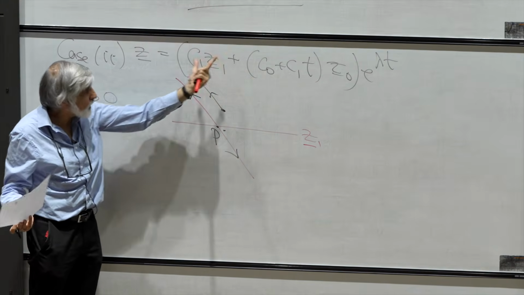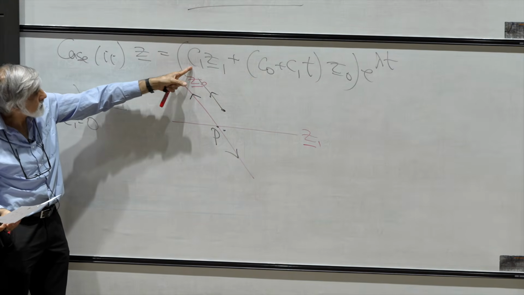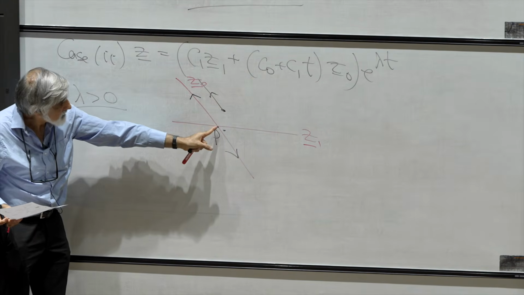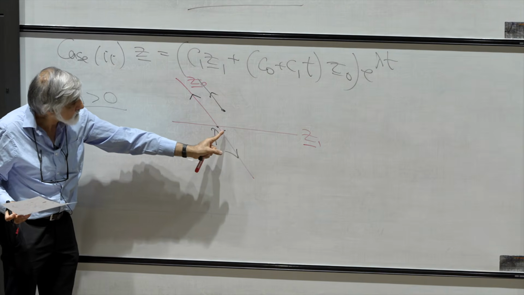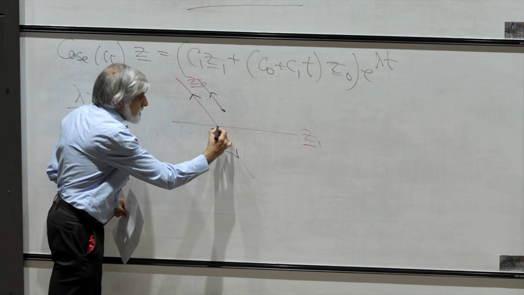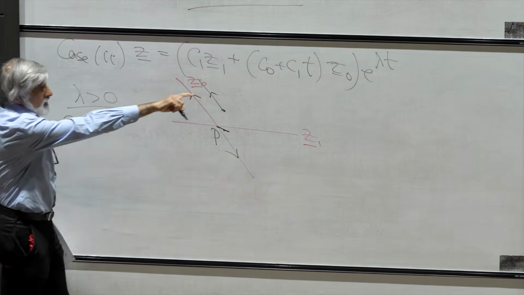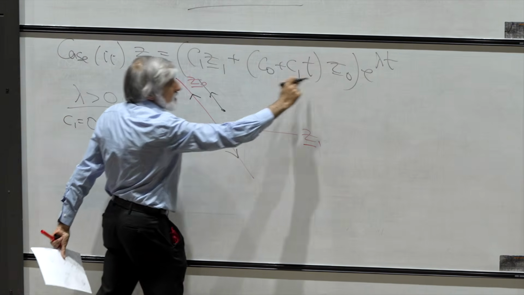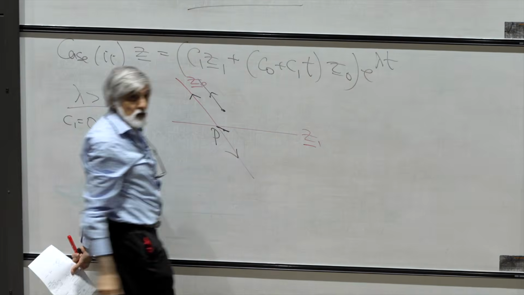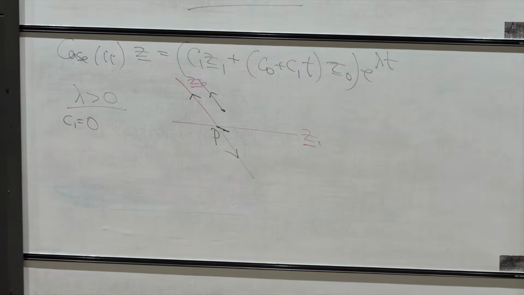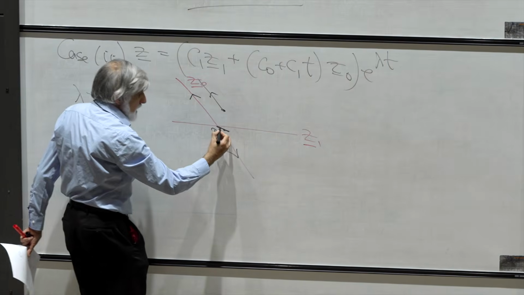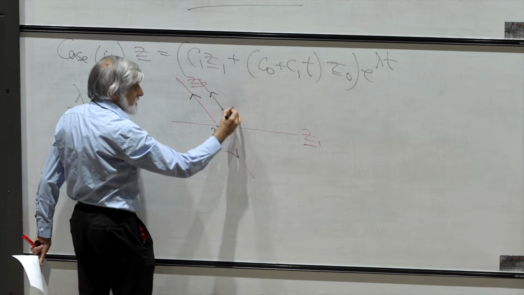If C0 was a similar value to C1, I'm going to have something that maybe starts off going like this. But eventually, this t means this one's going to win out. And so we're going to end up going up like that.